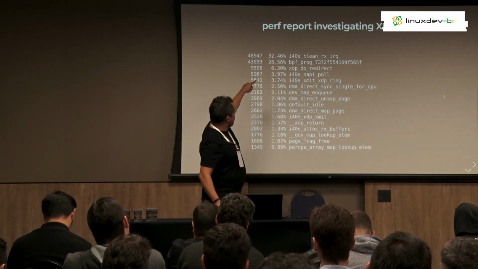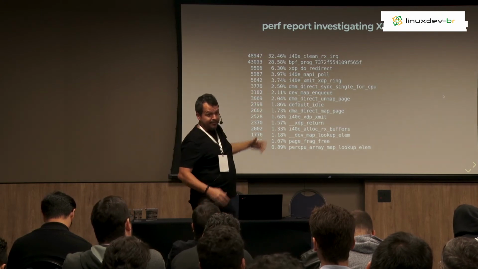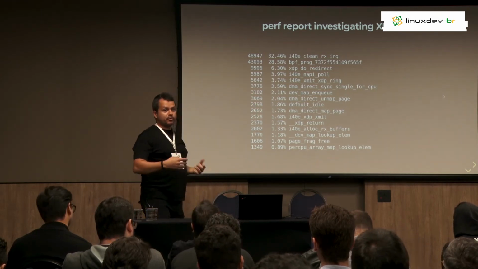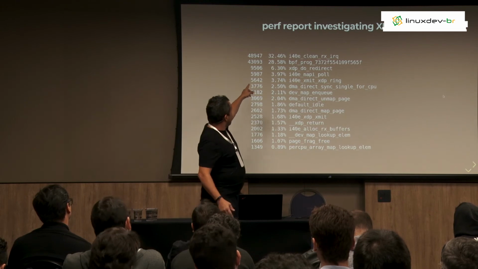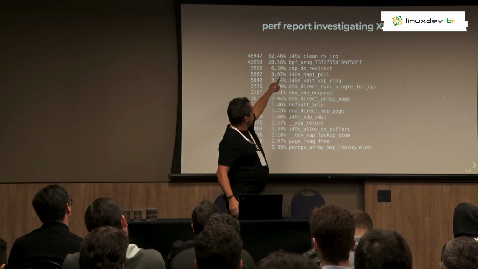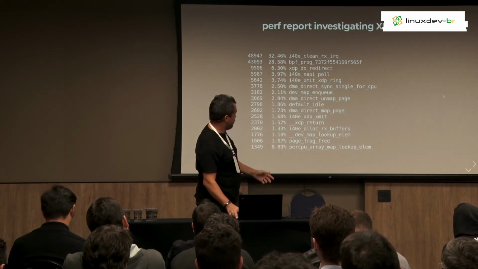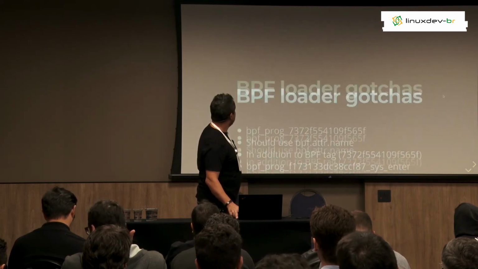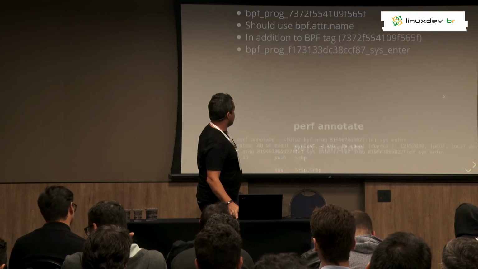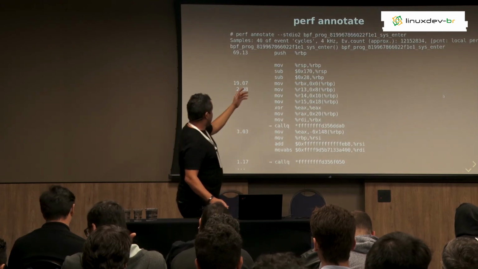This one was somebody investigating how to replace iptables with XDP. So the driver in use was the Intel 40 gigabit network driver. There are some problems with that, and then you can do perf annotate as well.